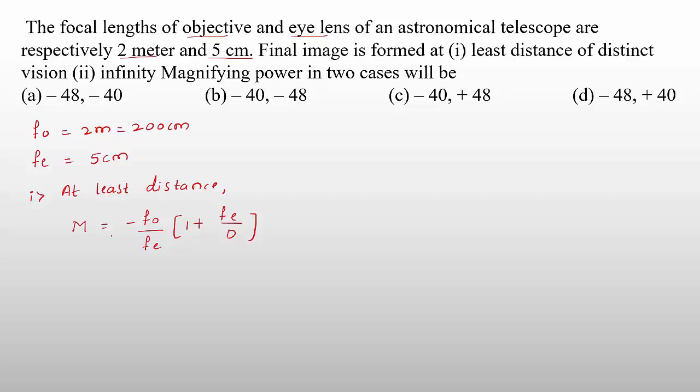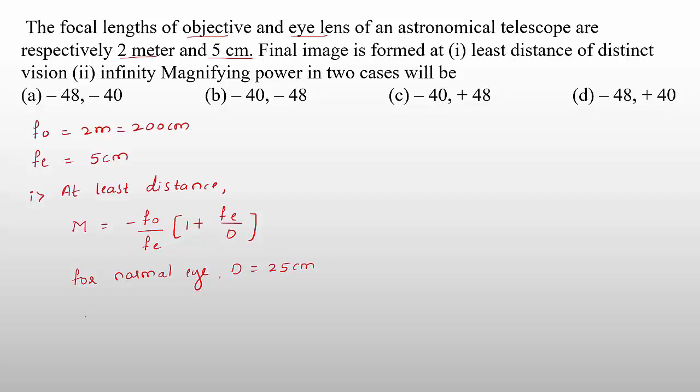So this is the magnifying power of the telescope at the least distance of distinct vision, right? Remember, for a normal eye, what is the value of the least distance? For a normal eye, the least distance is always 25 centimeter.